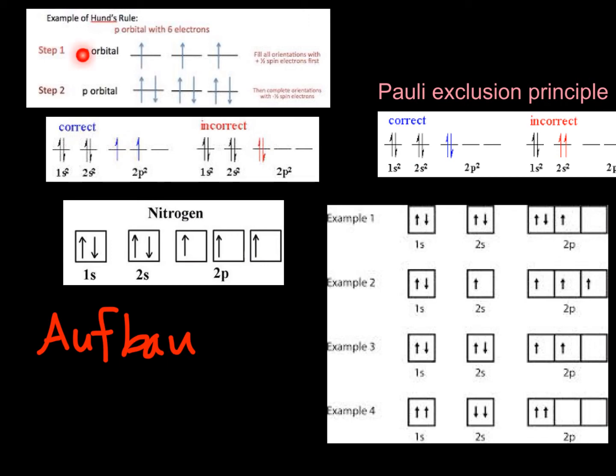So if I have to put 6 electrons in a p, well, p has 3 orbitals. Notice sometimes they draw lines instead of boxes. So I have 3 possible locations for these electrons. The first 3 will spread out, then you will fill with the next 3. So correct, 1s2, 2s2, 2p2.